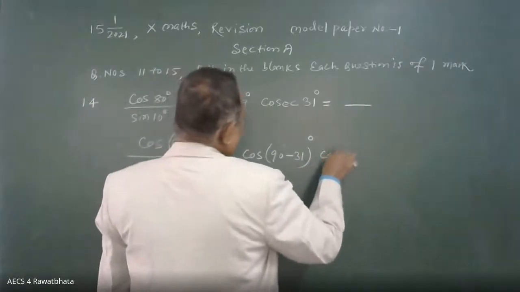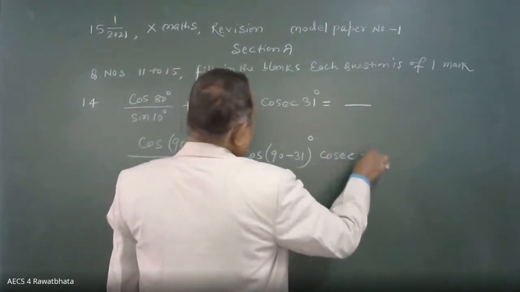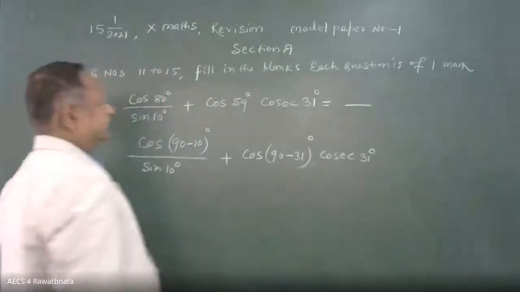This can be written as cos 90 minus theta, that is sin theta.